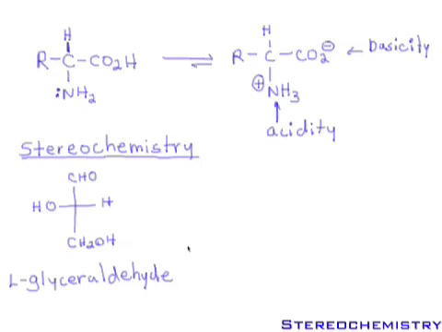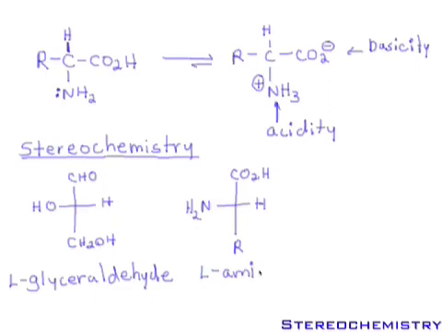Well, in amino acid chemistry, we draw the molecule much the same way in the Fischer projection. We have CO2H. We put that at the top, we put the R group at the bottom. And then we have the NH2 and the H. Now, if the NH2 group is to the left, we have an L-amino acid.